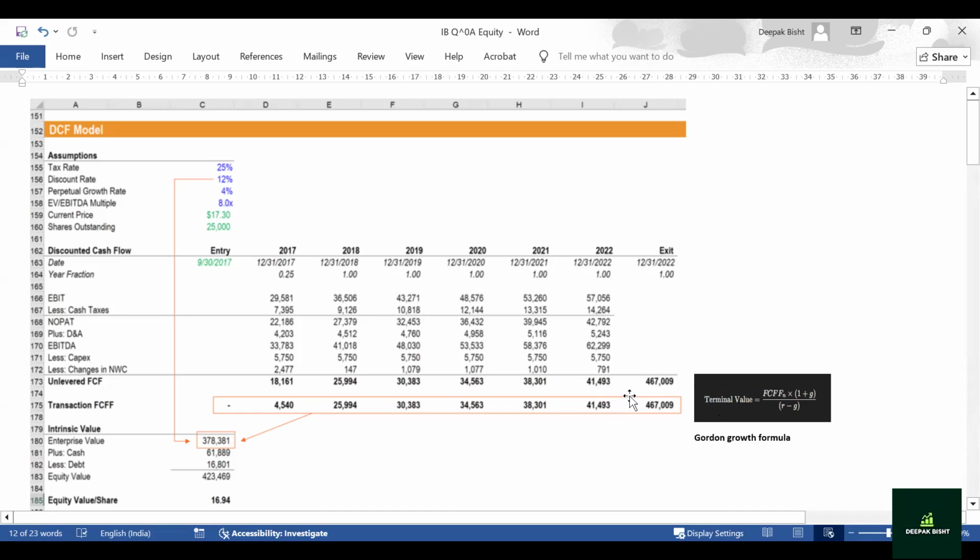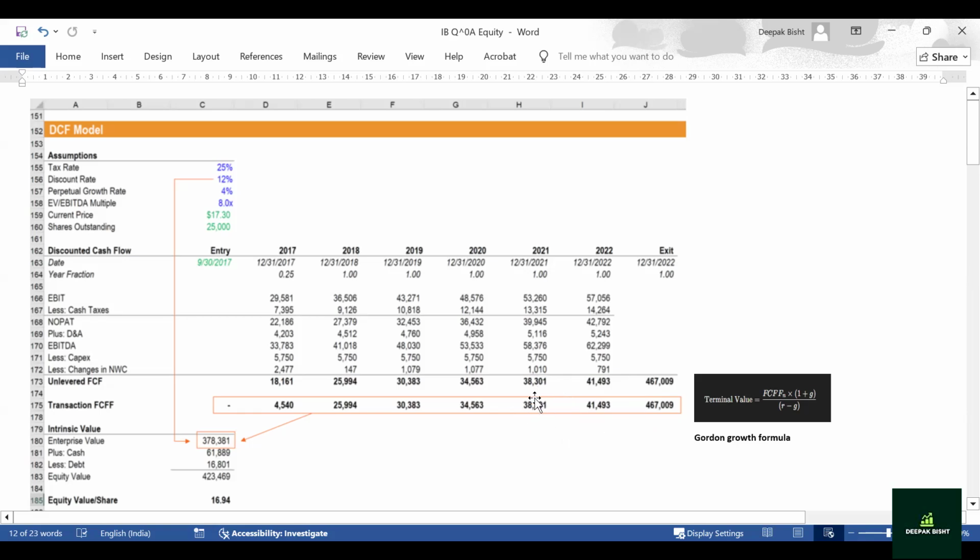It applies an industry multiple: we multiply the terminal year financial metric by the enterprise value to EBITDA of comparable companies.